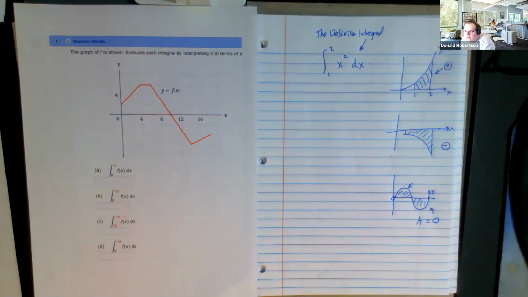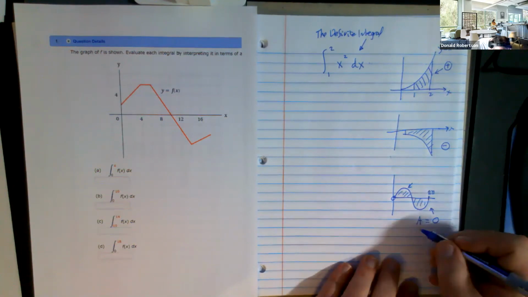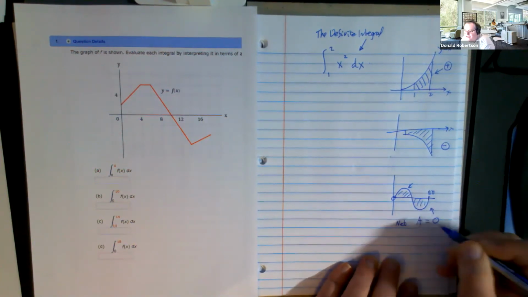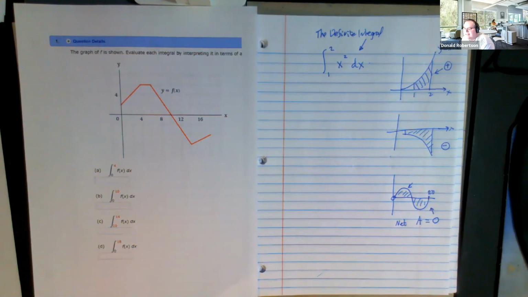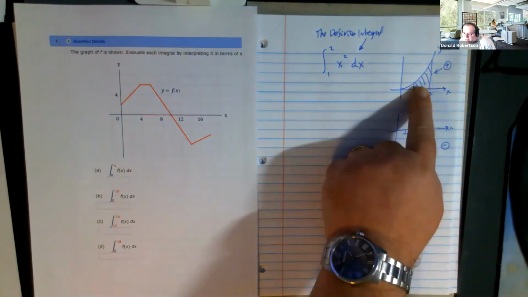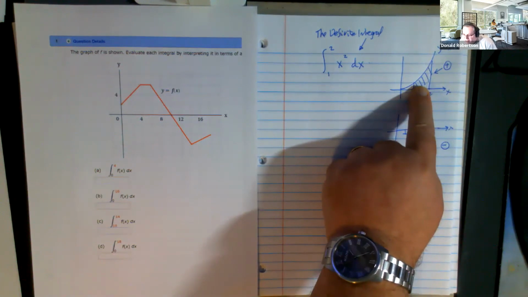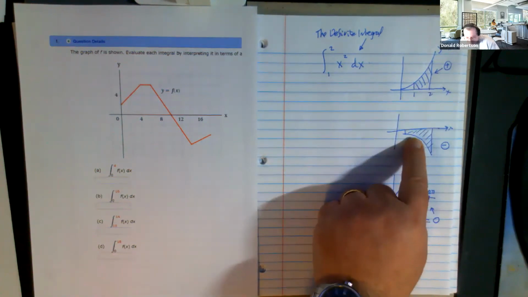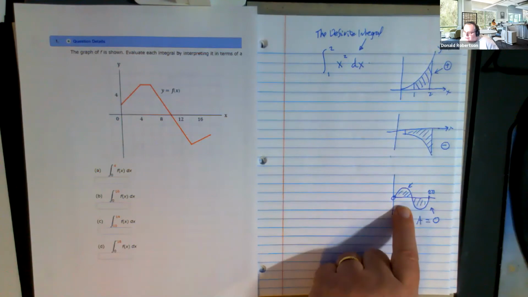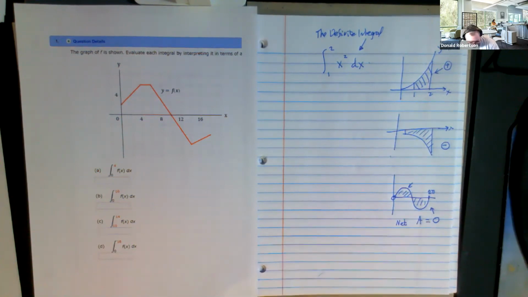So when you put them together, don't they cancel each other out? The reason for that is that the area that we're talking about isn't a physical area. It's called a net area. Net area is positive, net area is negative, the net area is 0.